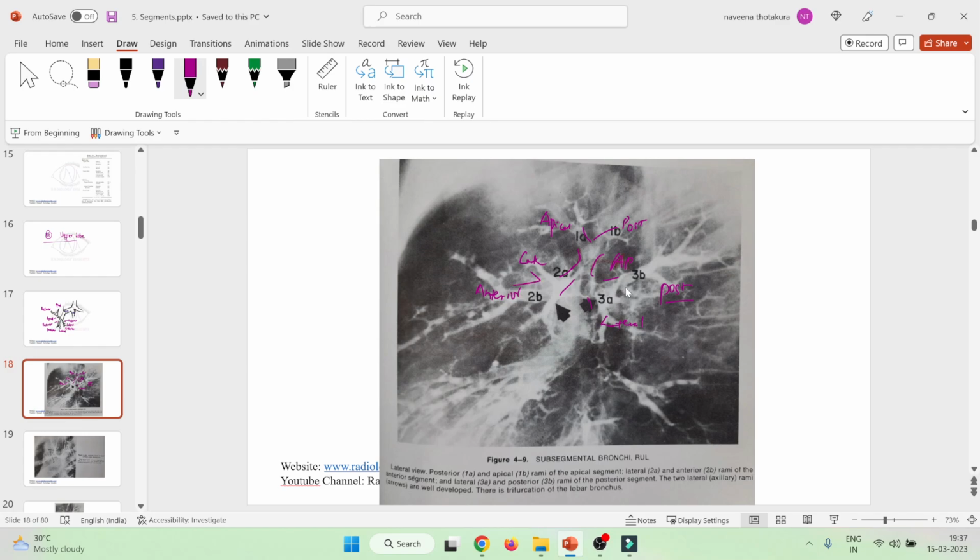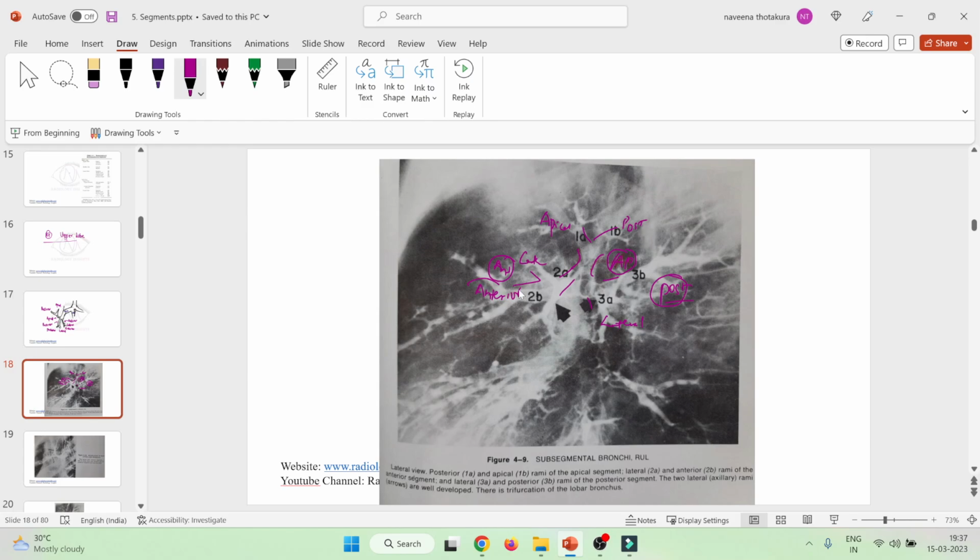So let me tell you again. The right upper lobe bronchus divides into three parts: apical segmental bronchi, posterior segmental bronchi and anterior segmental bronchi. The apical segmental bronchus divides into apical and posterior subsegmental bronchi.